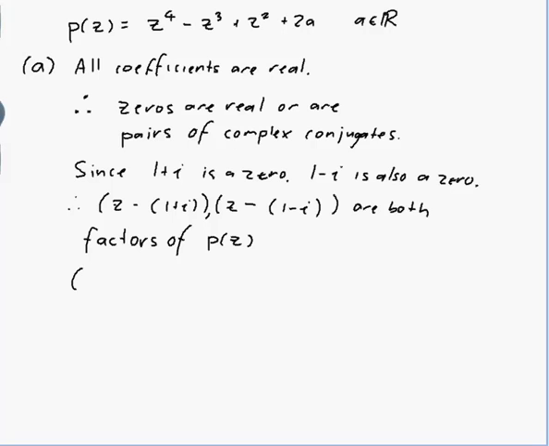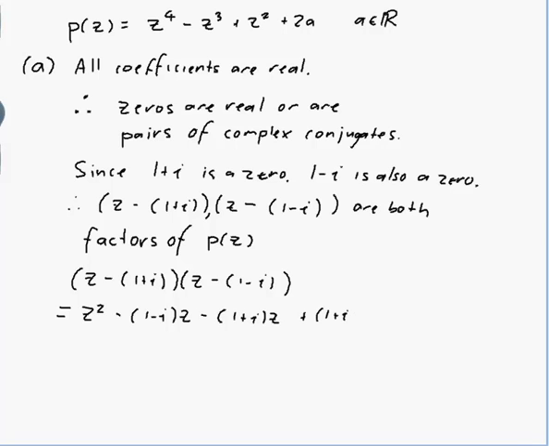So let's multiply them together. Z minus 1 plus I, Z minus 1 minus I would be equal to Z squared minus 1 minus I Z minus 1 plus I Z plus 1 plus I times 1 minus I. So that would be Z squared, minus 1 plus I minus 1 minus I of Z, plus 1 times 1 is 1, 1 times minus I is minus I, I times 1 is I, I times minus I would be minus I squared.